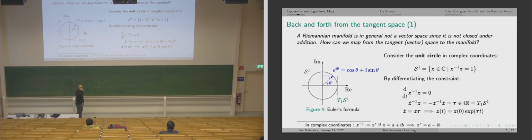But the next step, like when we got the relation z dot equal to z tau. Yeah, so I'll do that. So then you have z is equal to 1, so this just cancels, and you get z dot minus 1 is equal to minus z inverse times z dot.